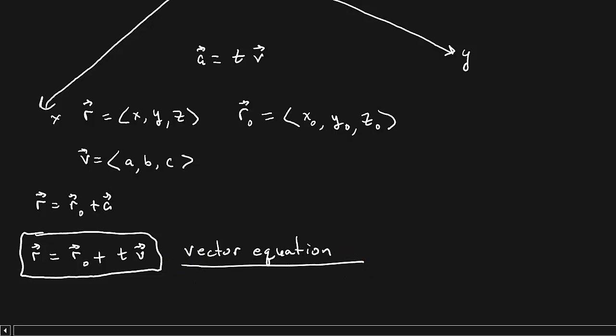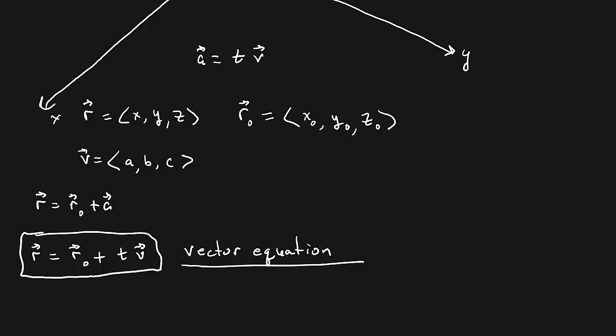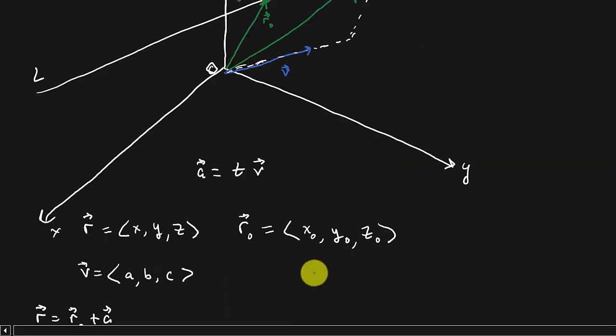And keep in mind here, t is a parameter that gives the position of vector r of a point on L. So basically what it's saying is, as t varies, the line is traced out by the tip of vector r.